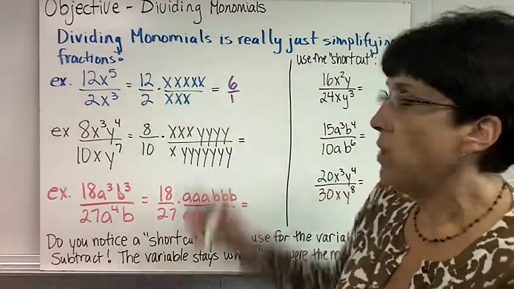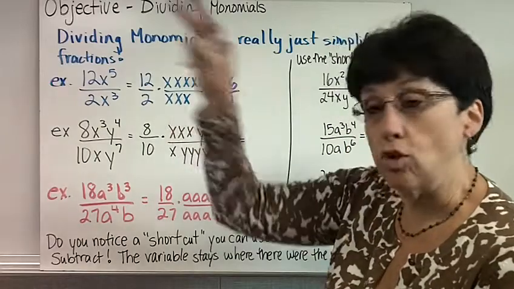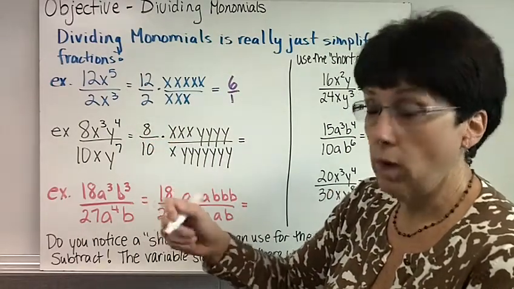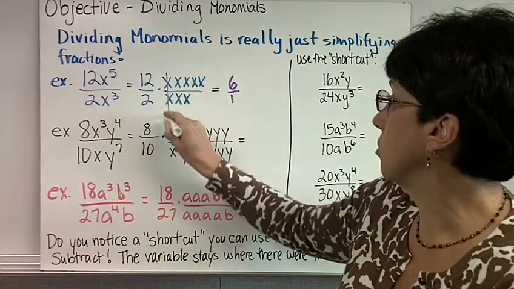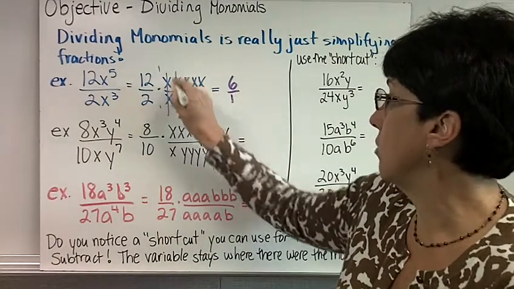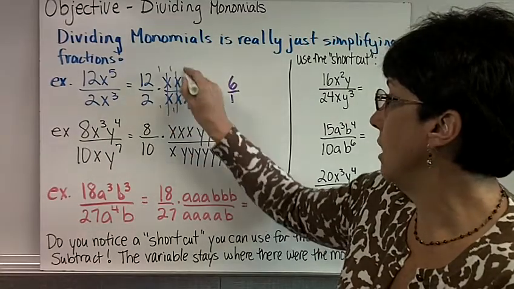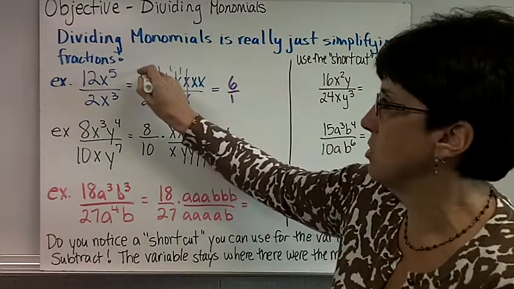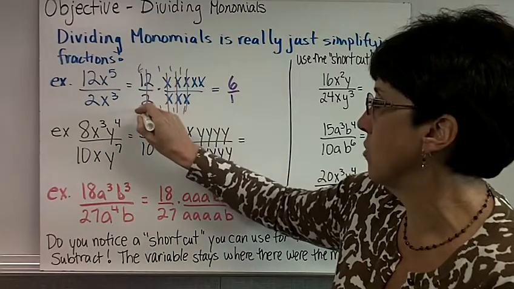And whenever you have something the same in the numerator and the denominator, anything over itself makes 1. So x over x, you can cross that out and write 1. Another x over x. Another x over x. We crossed that out and said 6 over 1.